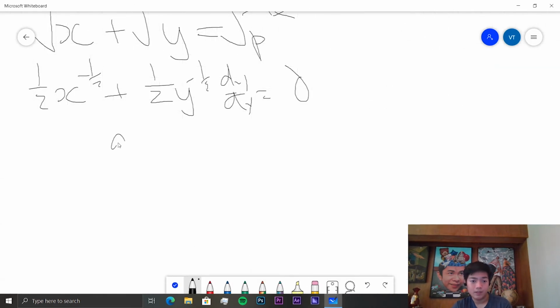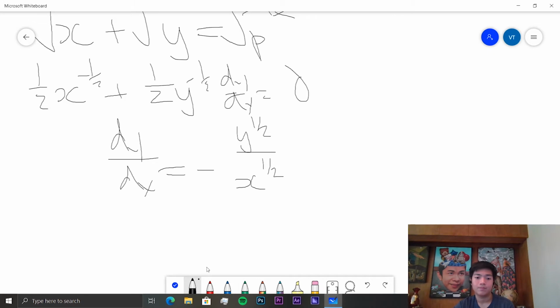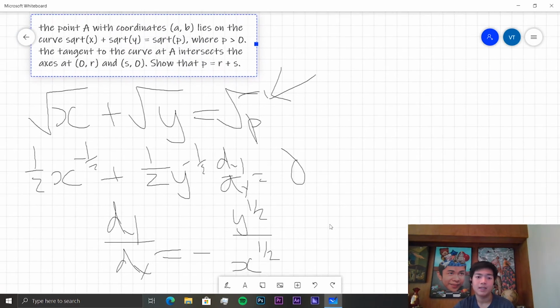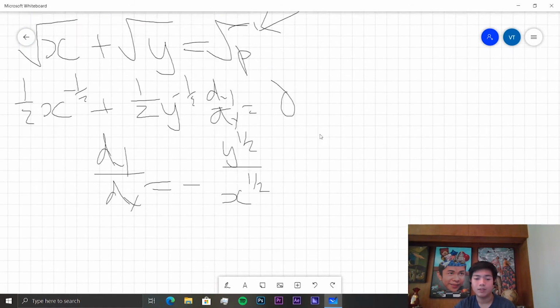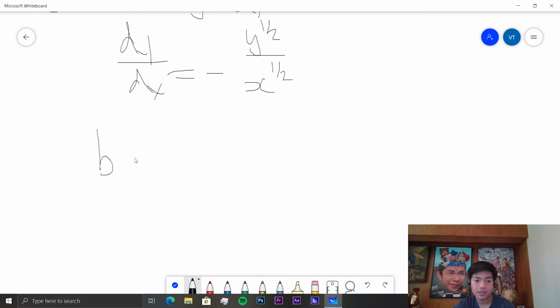So we have dy over dx is equal to negative 1/2 x to the negative 1/2 over 1/2 y to the negative 1/2. So it's y to the 1/2 over x to the 1/2. So this is the gradient of the curve. And if it intersects the points with coordinates a, b, then we have b is equal to negative y to the 1/2 over x to the 1/2 a plus c.